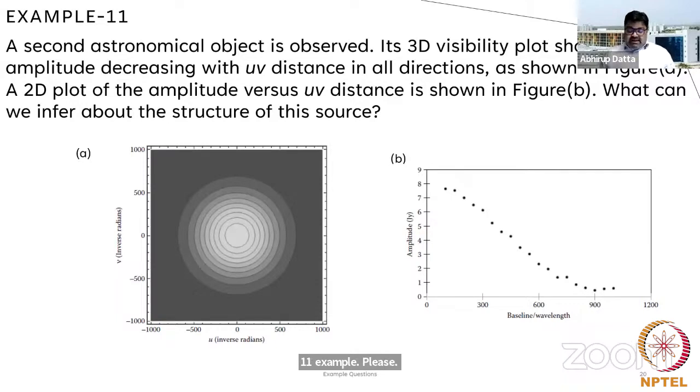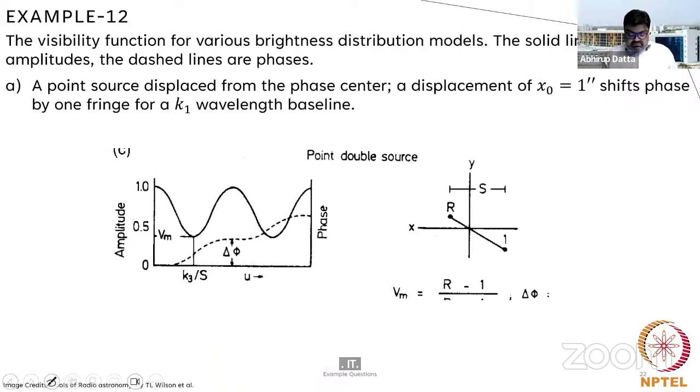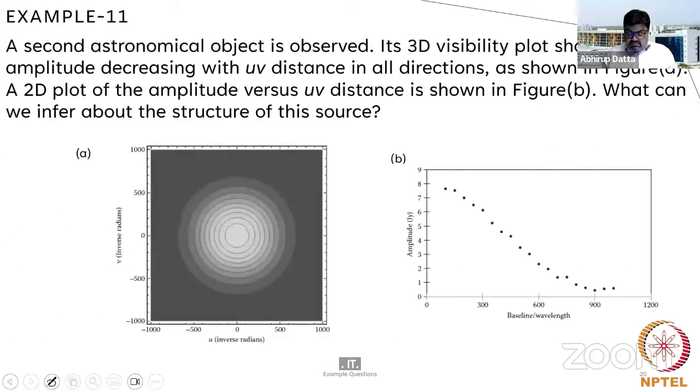So at another visibility plot, a second astronomical object is observed. Its 3D visibility plot shows an amplitude decreasing with UV distance in all directions. A 2D plot of the amplitude versus UV distance is given by this one. It shows the structure.